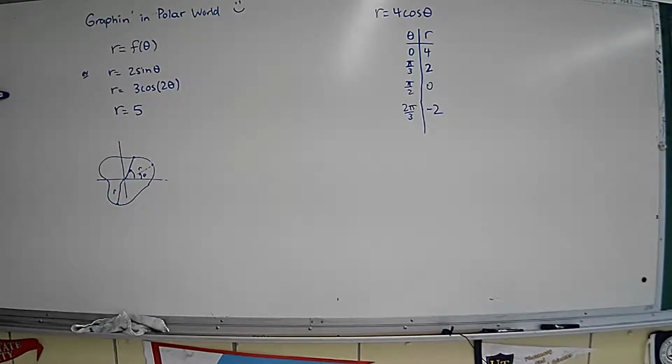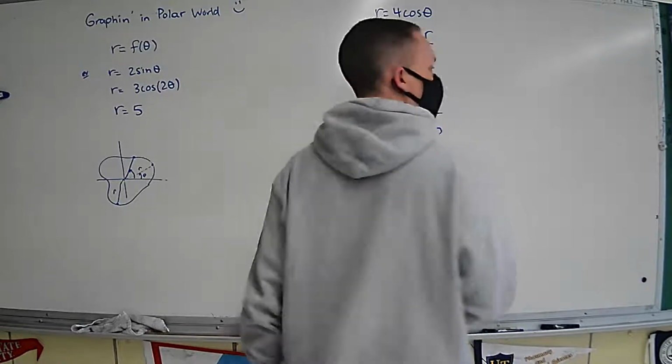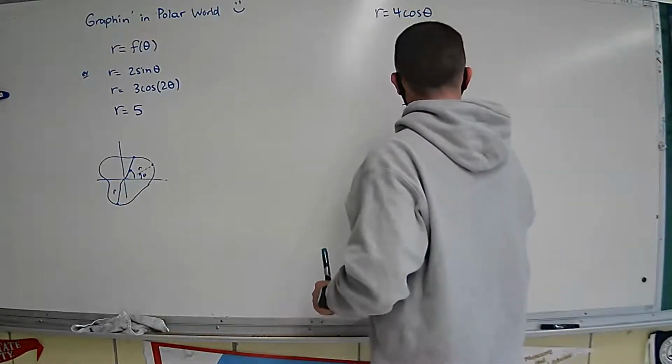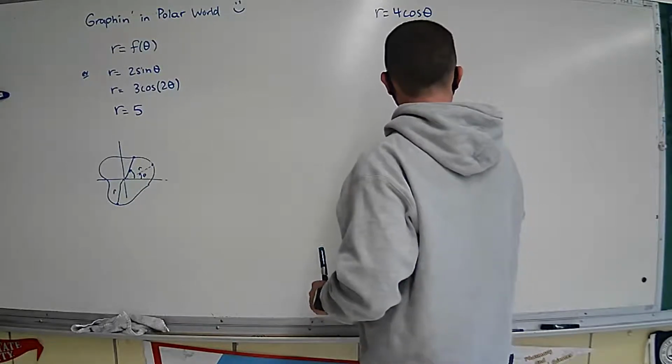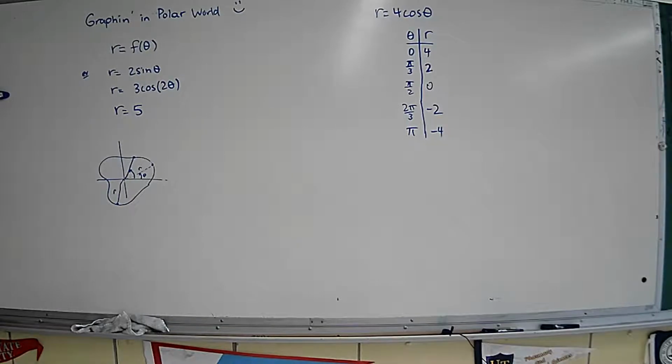And then what happens when we get to pi? Oh, sorry, we're not at 0, we're at -2. We're at -4. When we get to pi, we're at -4. Same idea. Look right here, the graph's not over here.